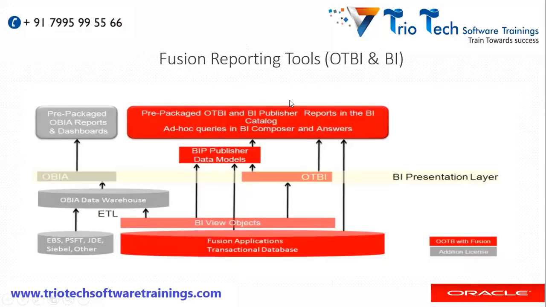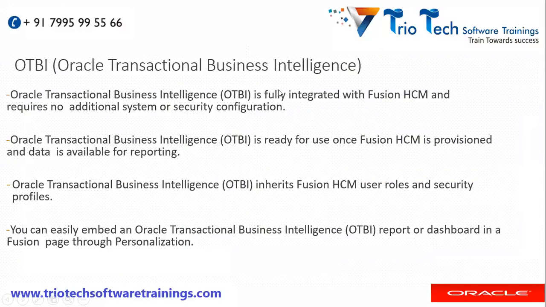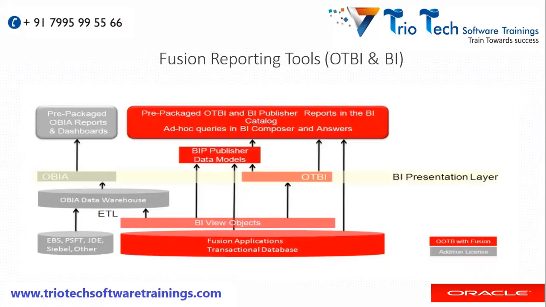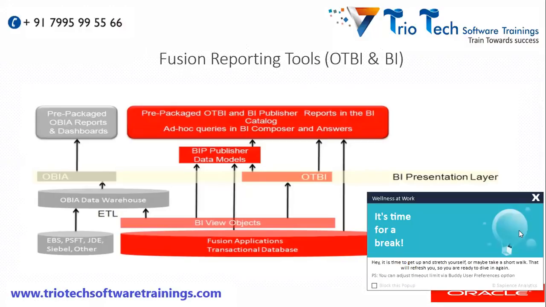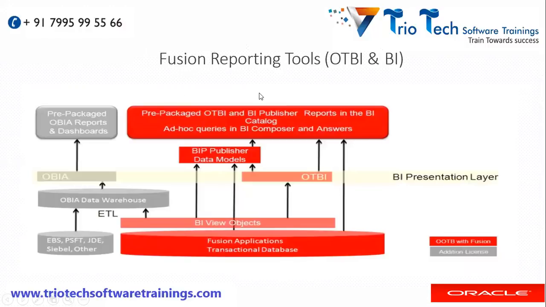Moving on to the next strong and very powerful tool, the Oracle reporting tools, OTBI and BI. OTBI is Oracle Transactional Business Intelligence, and BI is Business Intelligence Publisher. These are two separate terms, but serving the same requirement.